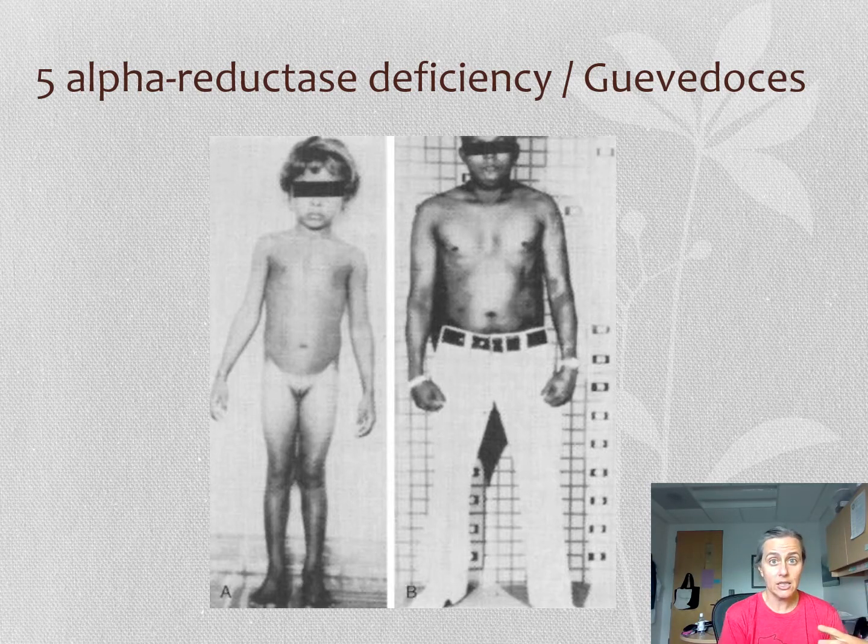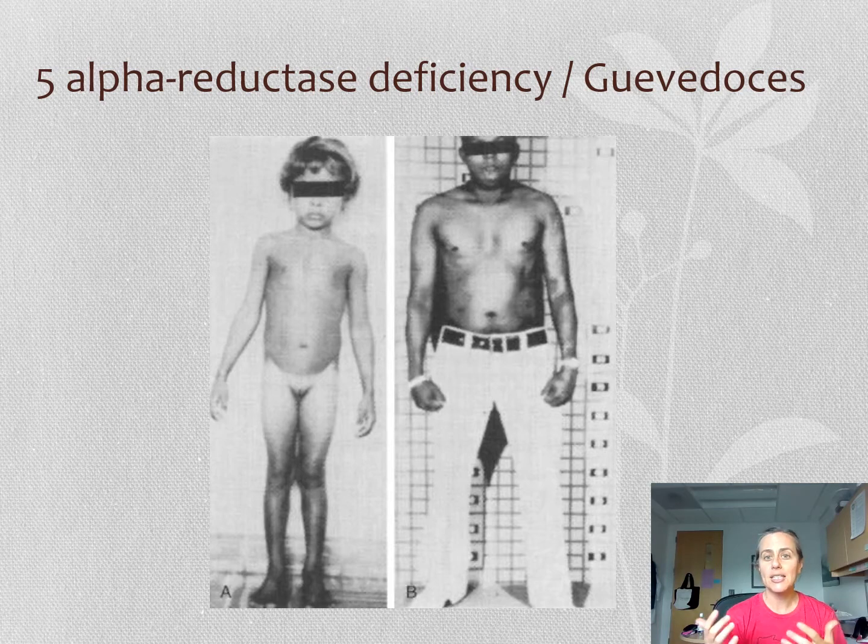So the clitoris will enlarge and elongate and become a phallus or a penis. The labia majora will often start to fuse and come together to form a scrotum, and sometimes even the testicles will descend down into that scrotum.